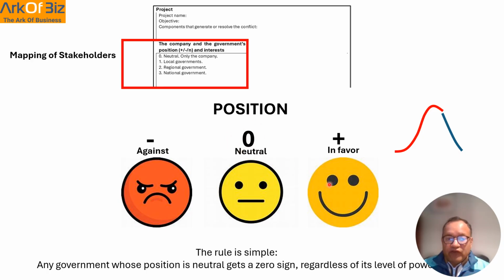And those who are in favor of the company use a positive sign. So the rule is simple for neutral. Any stakeholder whose position is neutral gets a zero sign, regardless of, for example, their level of political power and many other things. If they are neutral, they have a zero sign.